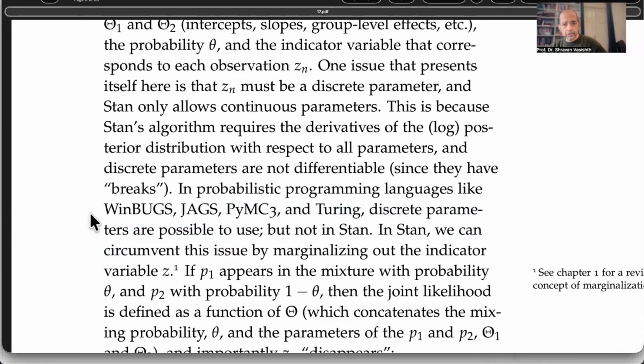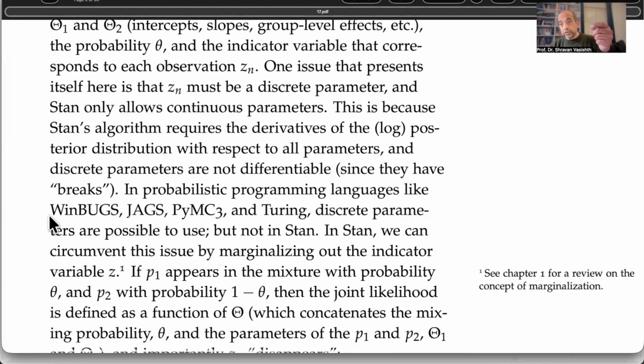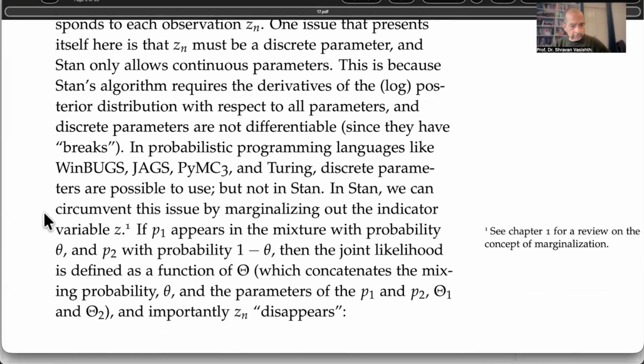So in these programming languages, you can model the discrete parameters directly, and maybe I'll show you an example piece of code from JAGS, because in the old days before Stan came along, I used to use JAGS for modeling mixture processes. There I was directly modeling the discrete parameter. I should have some code somewhere, so I'll take a look and show it in class.